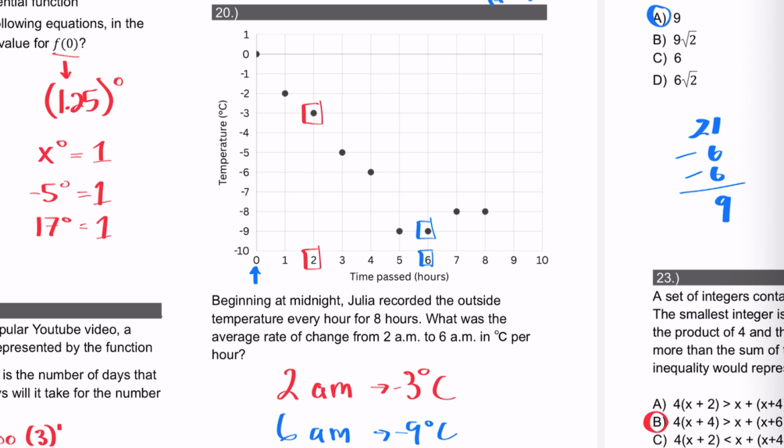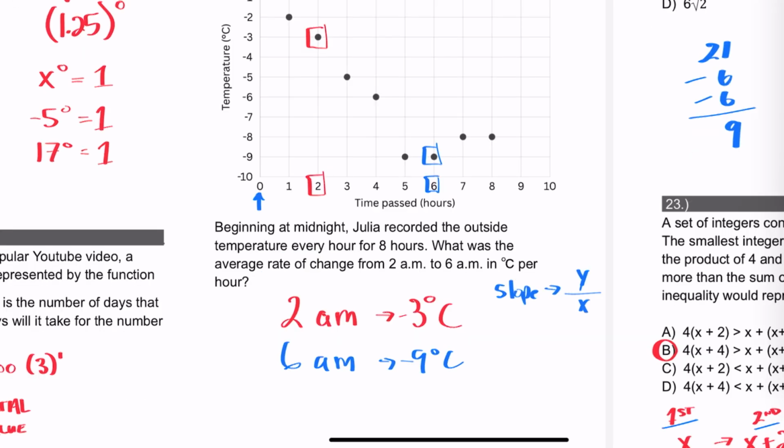Putting our slope, remember, slope is always your change in y in the numerator and change in x in the denominator. So let's think about that in terms of y and x. The temperature went down 6 degrees.